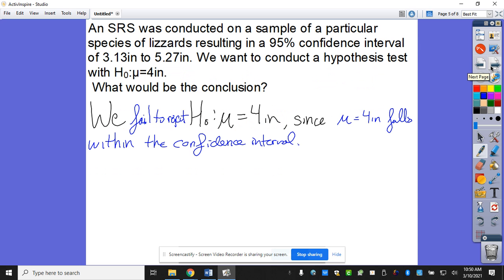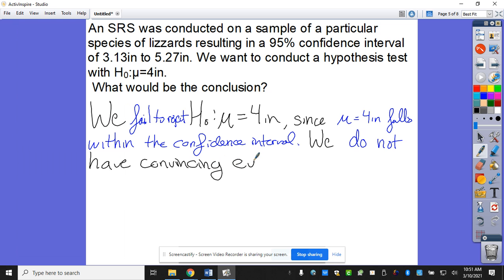So the only thing that changed was that blue part right there. In this specific case, the fail to reject means that we do not, and everything else is the same. So have convincing evidence that the mean, did I even say length?